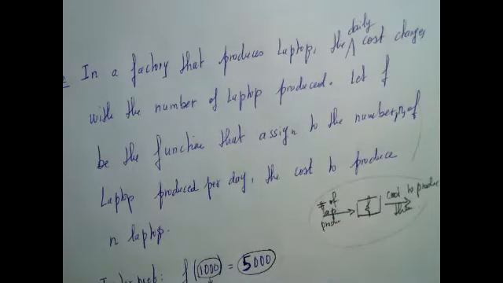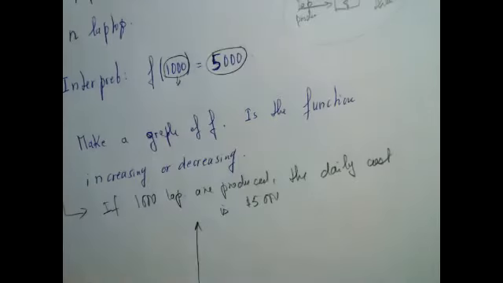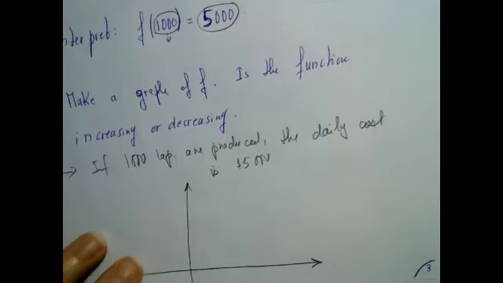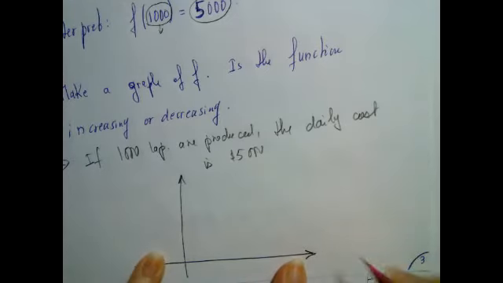What's the function doing? It would be the number of laptops, so that would be 1000. But 1000 is not the only input. It's the input as the input changes. So wouldn't it be like 1 to 1000? Maybe, but maybe the company produced 2000. I really don't know. So the input changes. So that's the number of laptops produced.